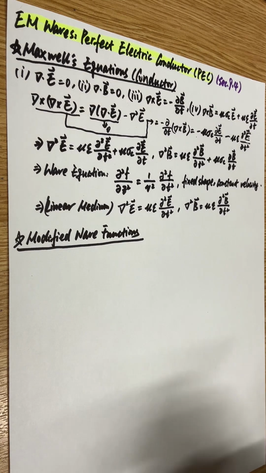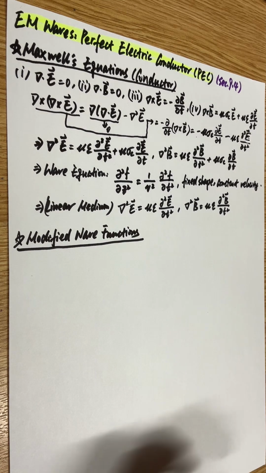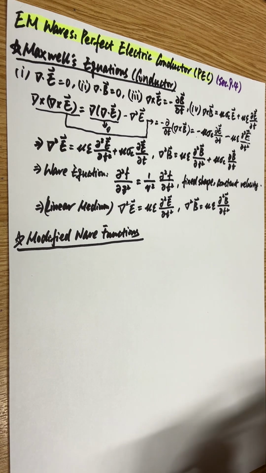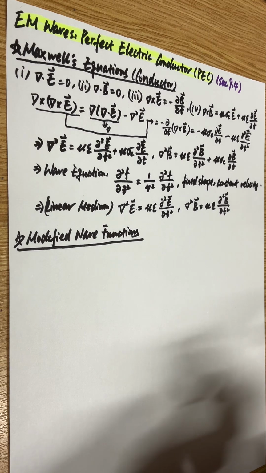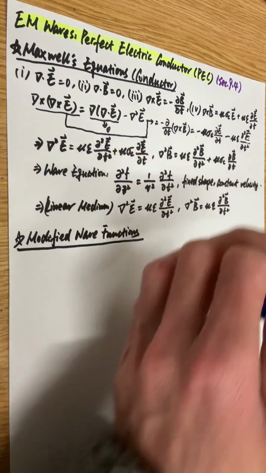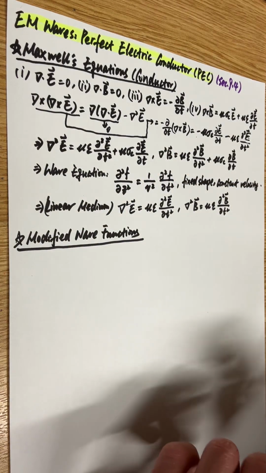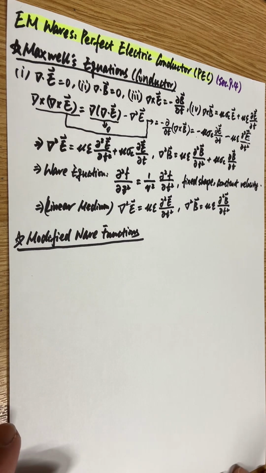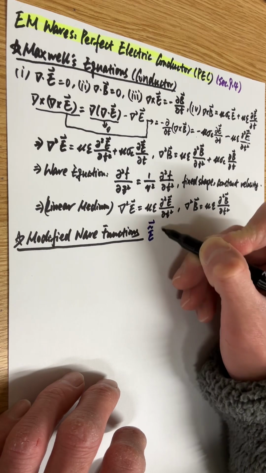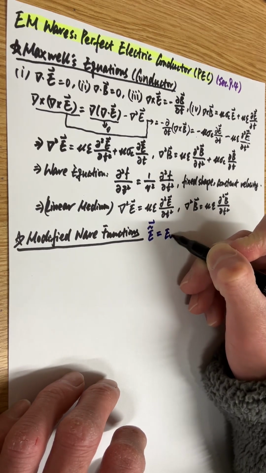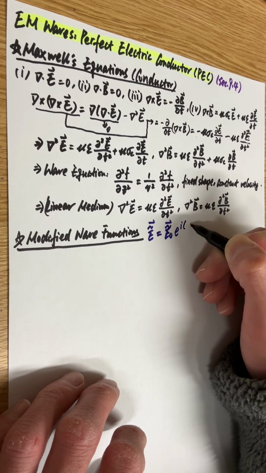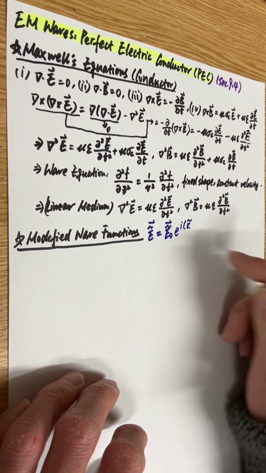So suppose we still have a plane wave where the electric field and magnetic field are polarized in the xy plane and propagate in the z direction. So we have transverse waves: E, B and the propagation direction are all perpendicular to each other. So we have E field equals polarization times e to the i, and kappa is a complex value now.